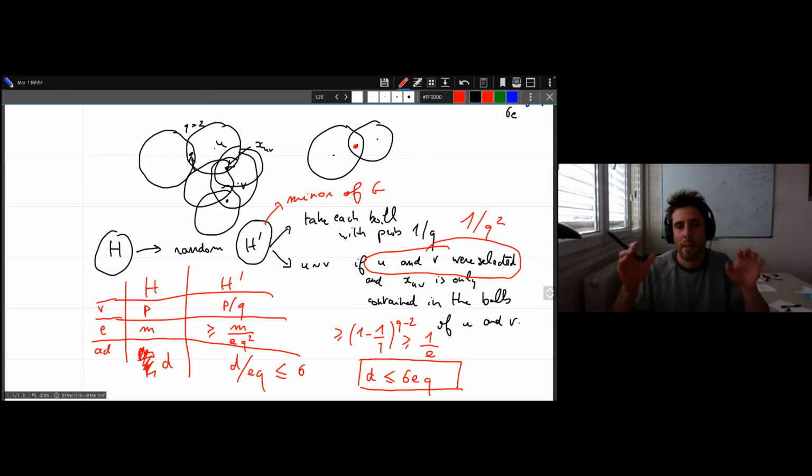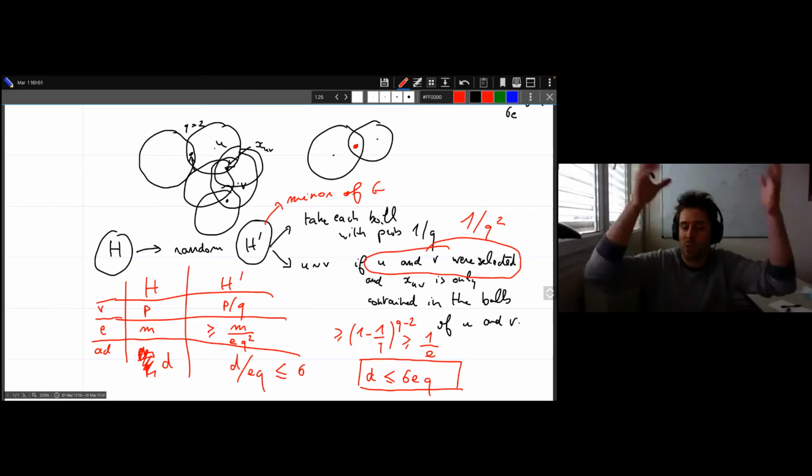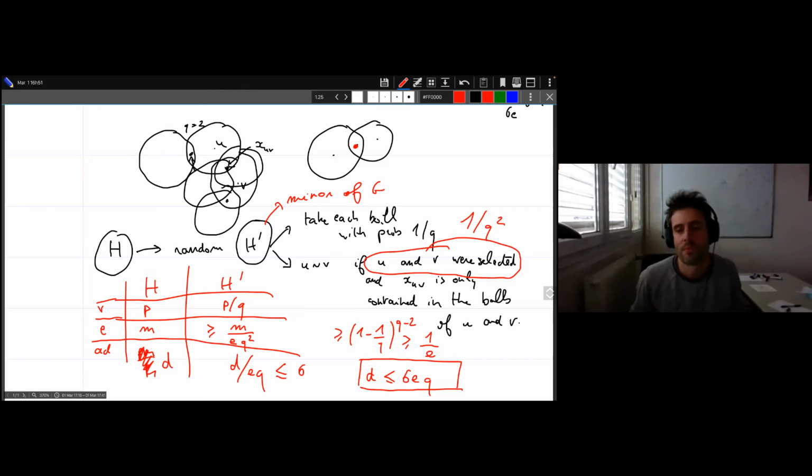So I make my graph nicer by selecting each ball with a small probability. The graph that remains is much nicer, but it still has a lot of edges. Much nicer means that it's a minor of my original graph. Just using this, I know that the average degree of this thing is small, so the original average degree was small too. And so it had a large independent set.